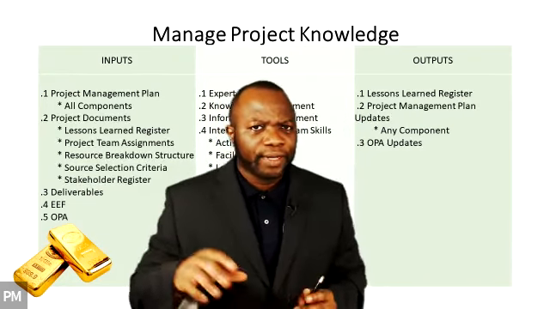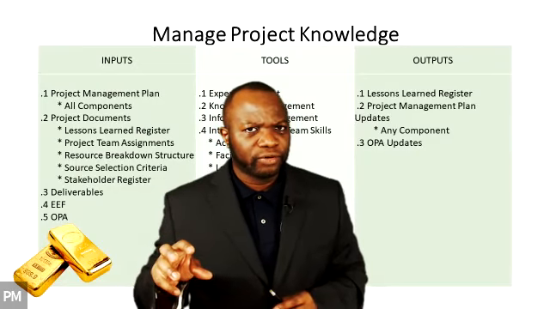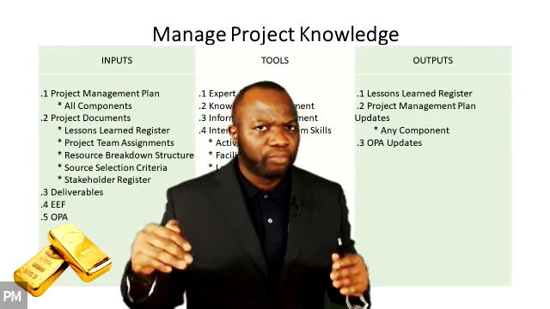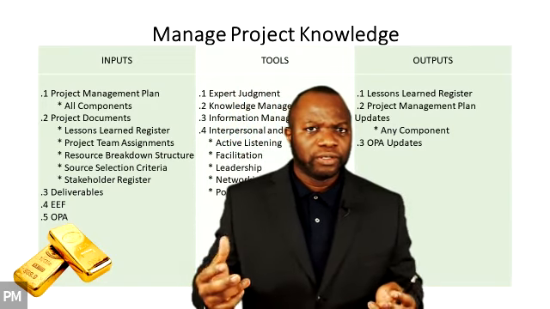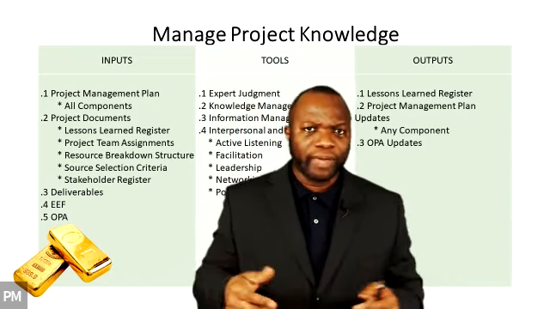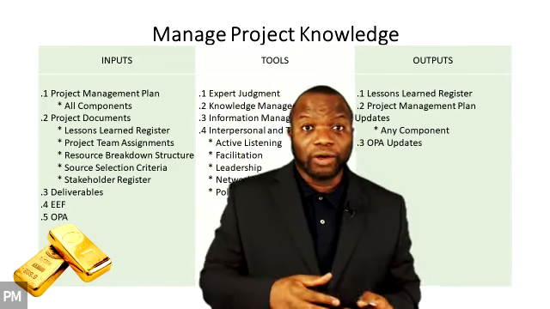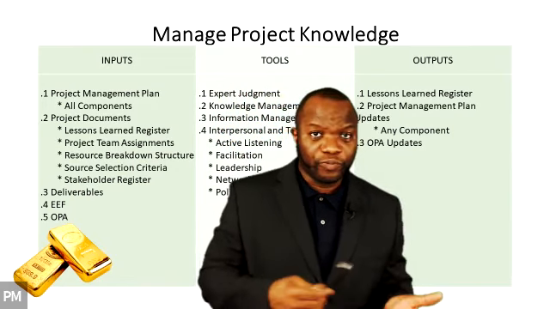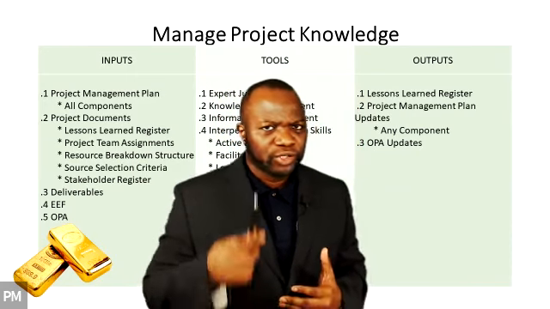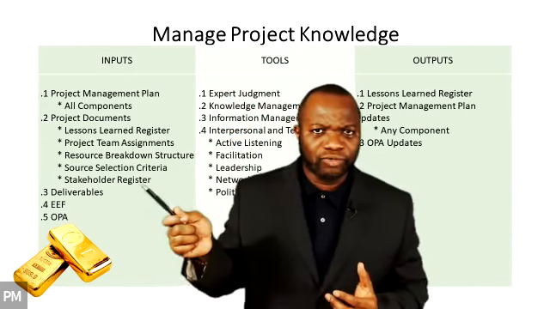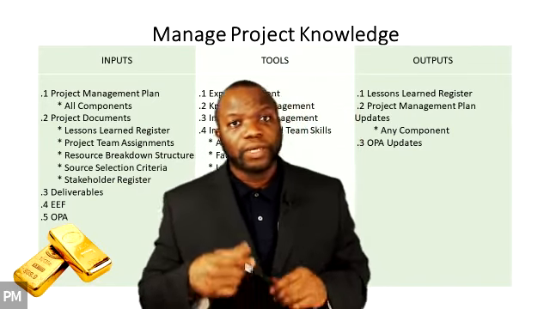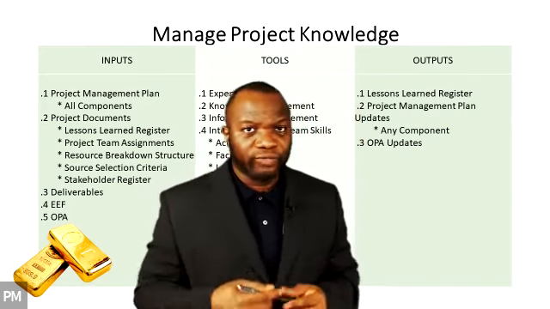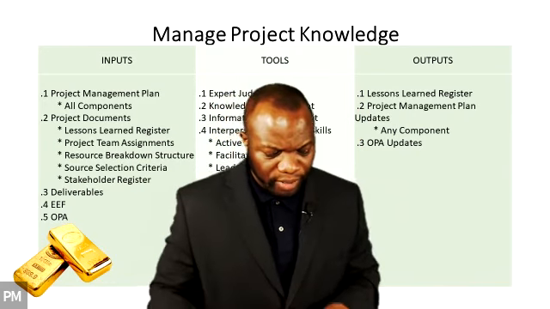You see, lessons learned registers from various projects become part of a lessons learned repository at a higher level, combining lessons learned from many projects, and then ultimately that becomes part of the OPAs. That's what they're talking about. So think about it. Lessons learned registers all go into the lessons learned repository, and that becomes part of your OPAs. Very important to remember.